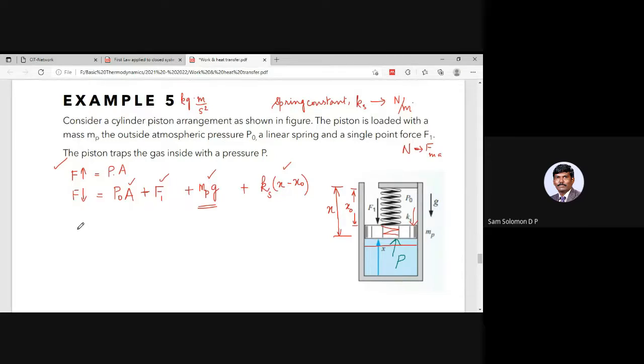Now I can do a simple force balance equation where force acting in the upward direction is equal to force acting in the downward direction. So I can write this as PA equal to P naught A plus F1 plus MP times G plus Ks times X minus X naught.